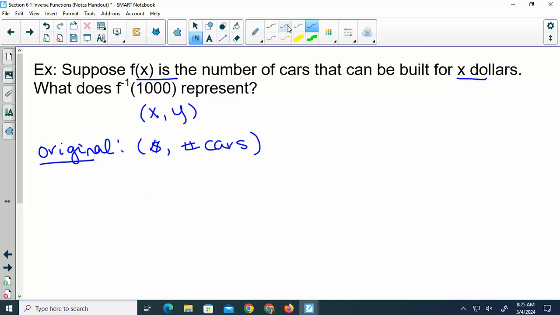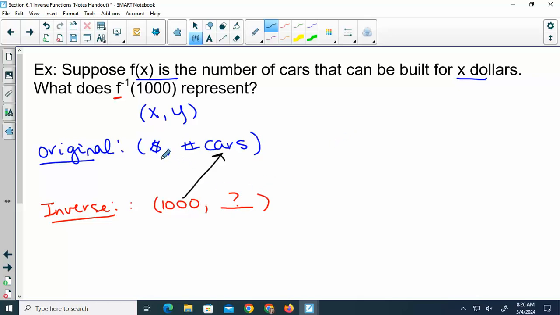Okay, then I asked you a question about the inverse. I'm telling you in the inverse, the x is 1,000, and you're supposed to tell me what the y means. But you know that in a function in an inverse, when you look at those ordered pairs, what happens to them? They flip. So 1,000 is the number of cars.